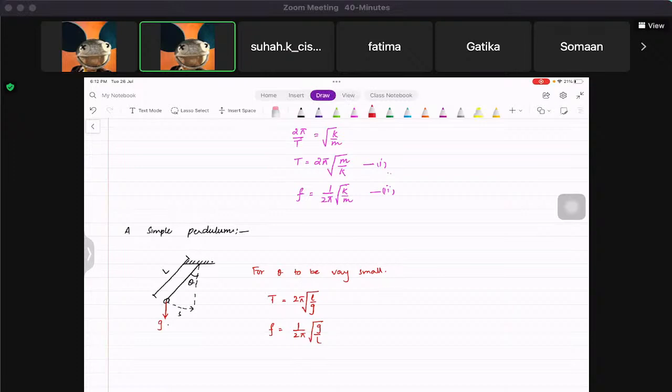You just need to remember that this is the acceleration due to gravity, and this is the length of the pendulum. That's it. Both formulas are very similar. You just need to switch the values.